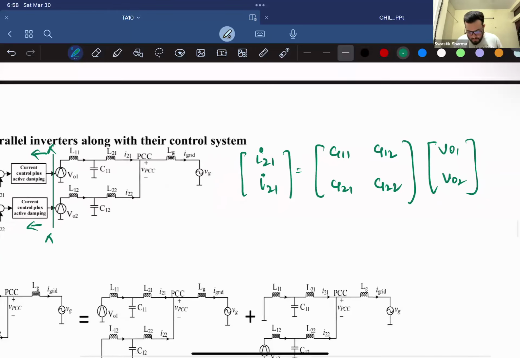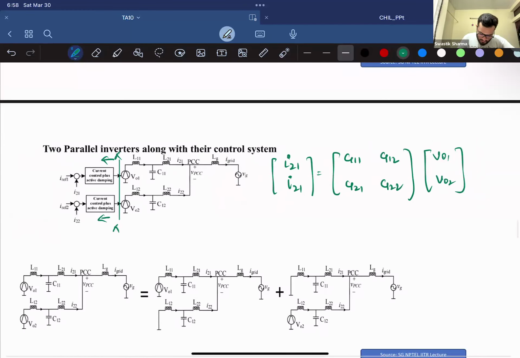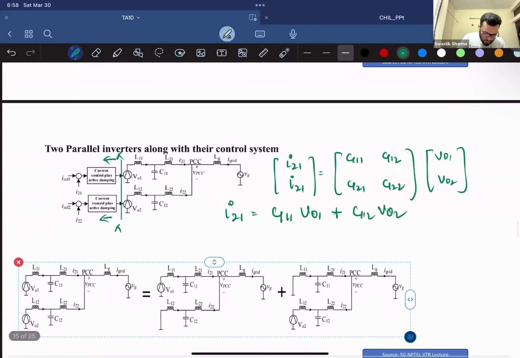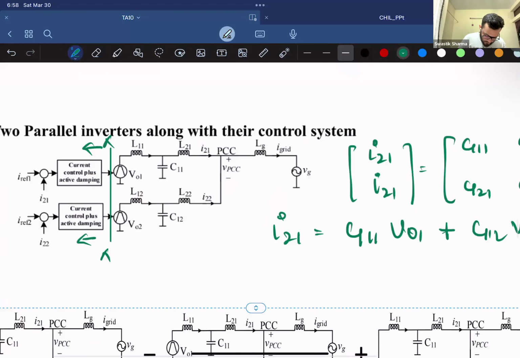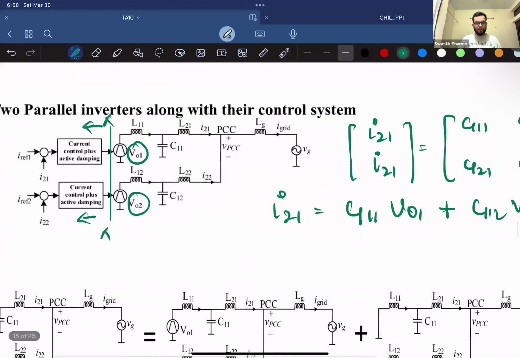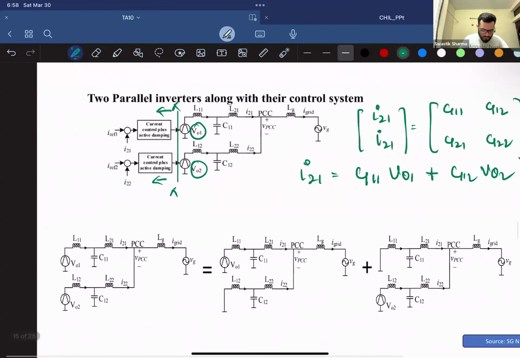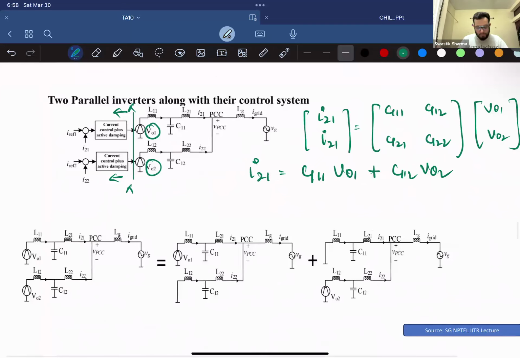Why can you do that? Let me write one equation. As you know, you have two different sources connected here, VO1 and VO2. To find out the effect of both, you can use the concept of superposition.